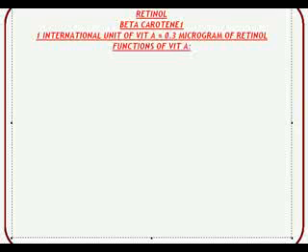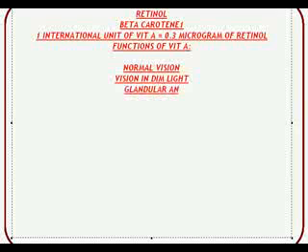It is needed for normal vision, and it contributes to the production of the retinal pigments which are needed for vision in dim light. It is also necessary for maintaining the integrity and normal functioning of the glandular and epithelial tissues, so they need vitamin A.